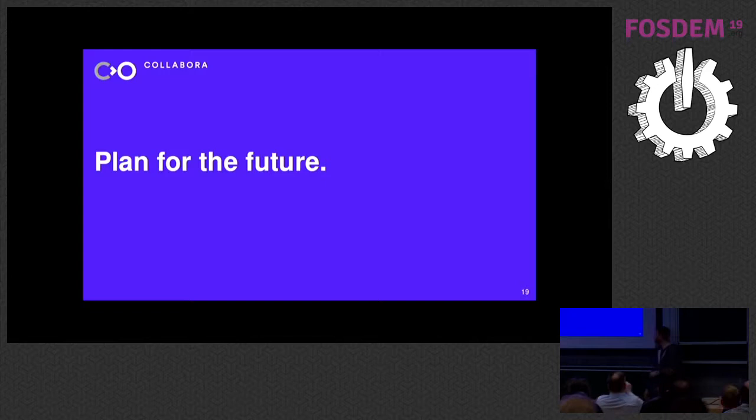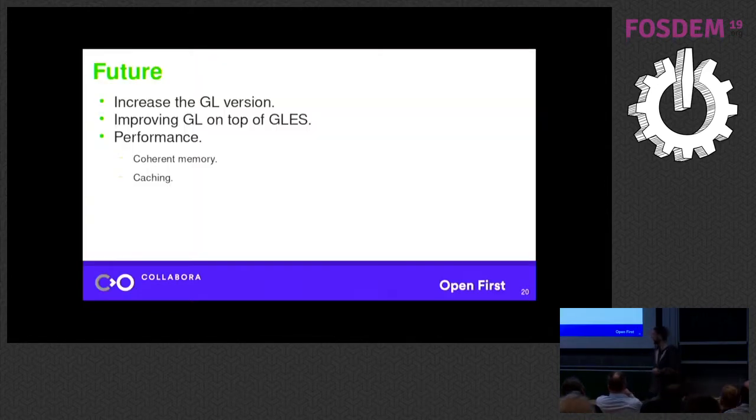And for the future, as I said before, we mostly want to increase the performance, using shared memory, which means we are not going to copy buffers back and forth. That's the biggest point, and it will be a very big project, but some people are currently working on that. We are also trying to use the cache as much as possible because we don't have a lot of power in the VM.